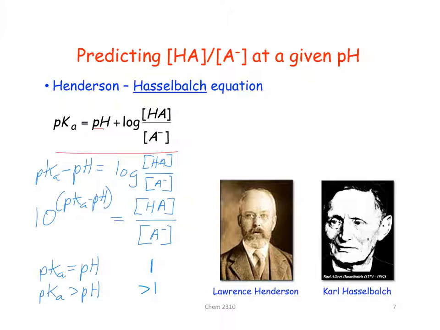Okay, so if the pH is less than the pKa, then we're going to have more of the acid, because the pH is lower, which means it's acidic. And if the pKa is less than the pH, or the pH is greater than the pKa, that means it's more basic, and this ratio is going to be less than 1. It means that we have more of the conjugate base than the acid.